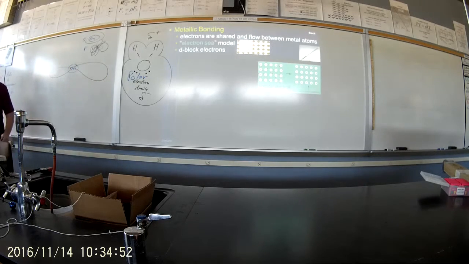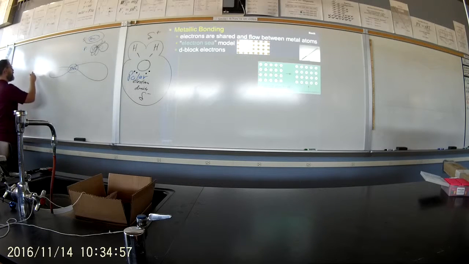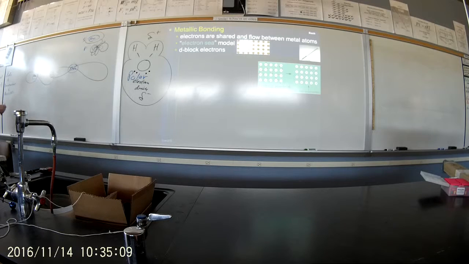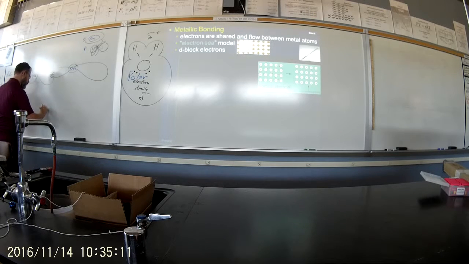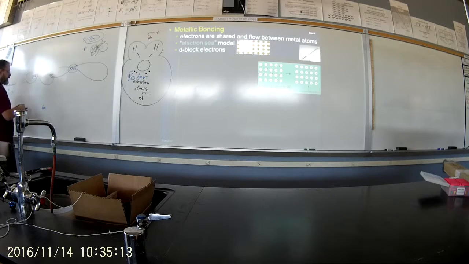And because they're long, narrow dumbbells, in the presence of other d orbitals, they overlap. So you might have a nucleus there with a d orbital electron that overlaps with this d orbital electron. You might have one down here, and this d orbital electron might overlap with that one.